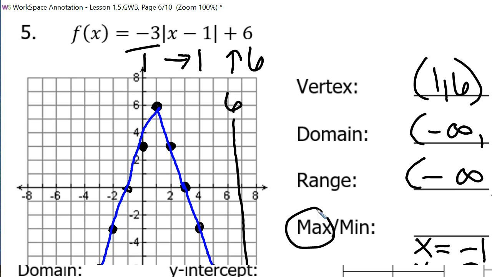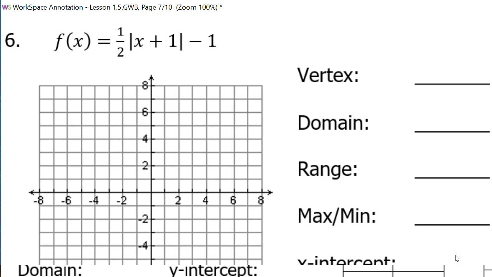Hey, let's look at number 6. Okay, number 6. What does this +1 make it do? Left 1. What does the -1 make it do? Down 1. So do those first. From 0, 0, move left 1, down 1.